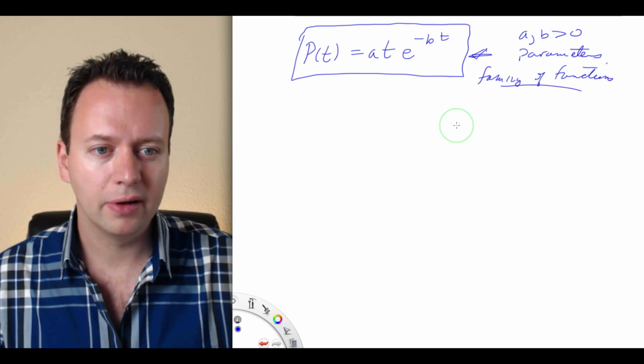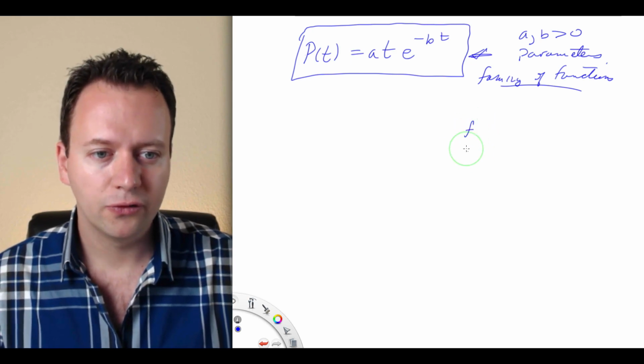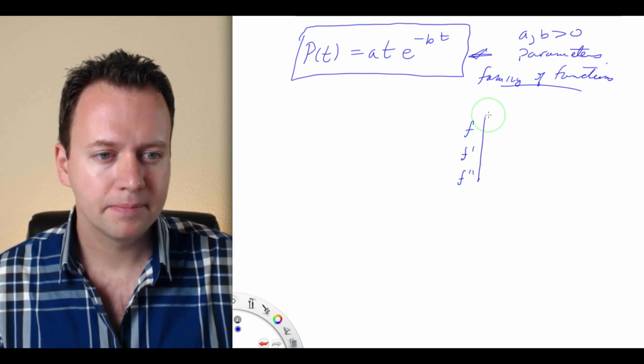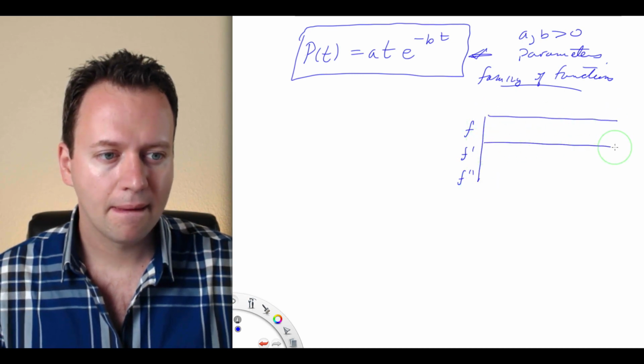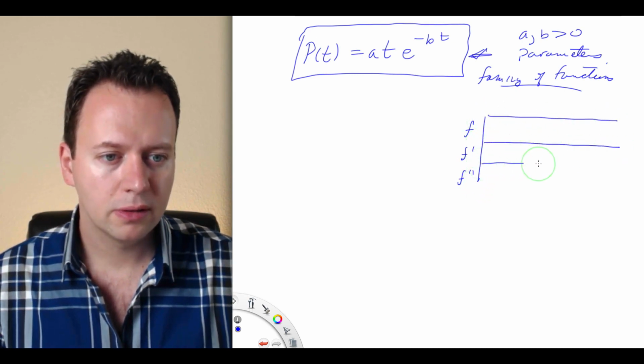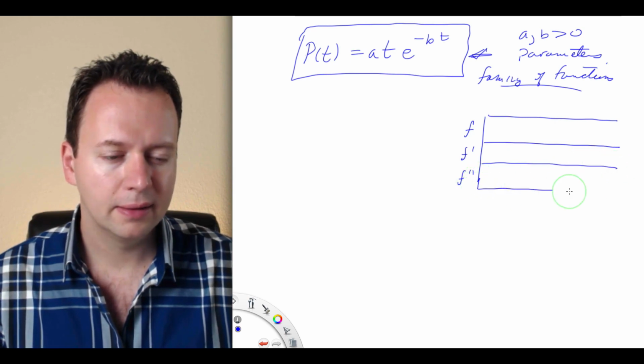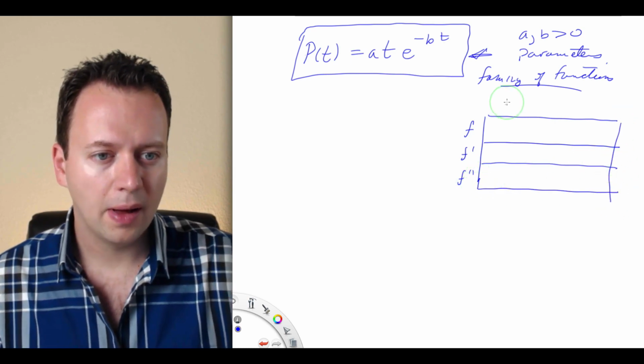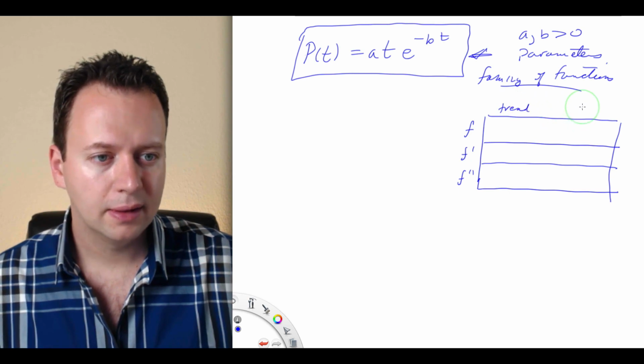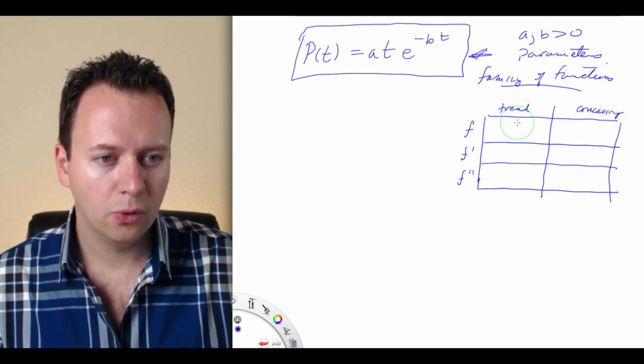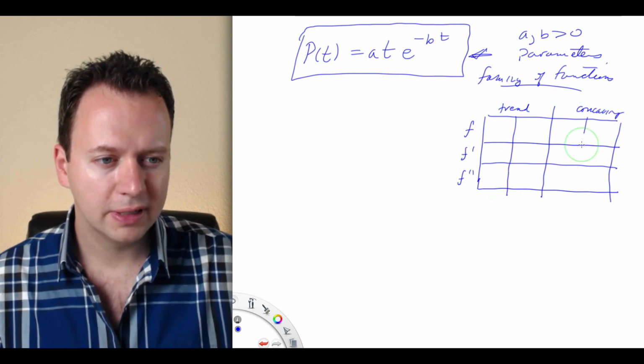So recall we have a graph. If you have just a function f, f prime, f double prime, a bunch can be said about both the trend and the concavity. Trend is just my word for whether it's increasing or decreasing.